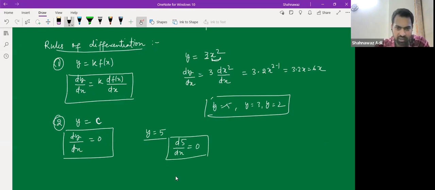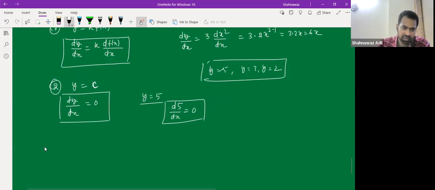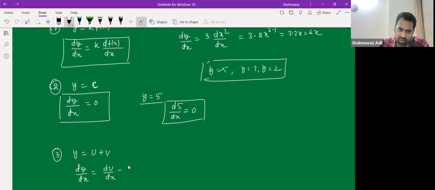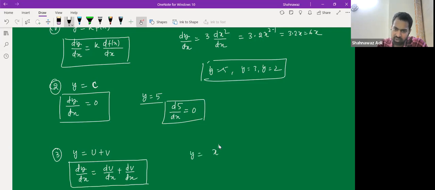Okay. And the third rule is the differentiation of two functions which are summed. So y is u plus v, right? So for u plus v, dy by dx would be simply du by dx plus dv by dx. So let's say that I have a y which is x^5 plus sin x, right, so I have one function and the other function.